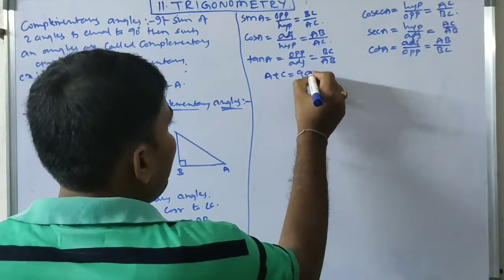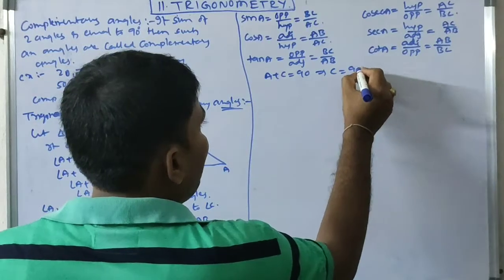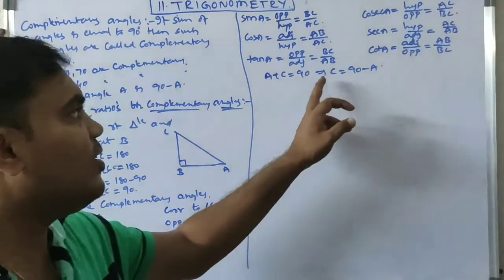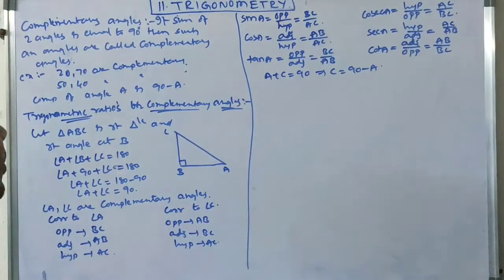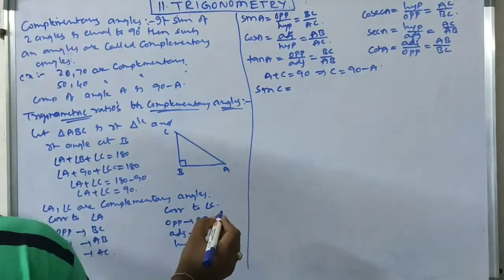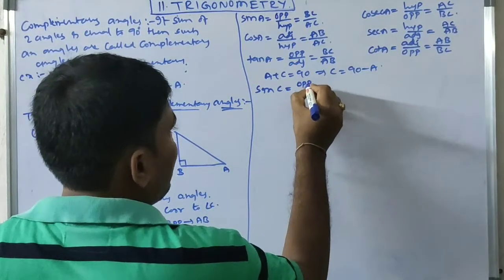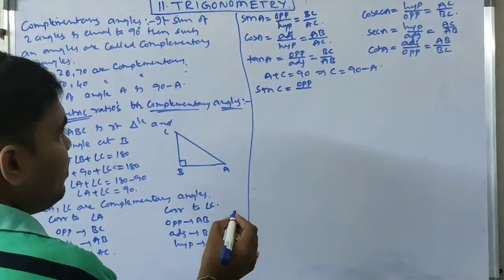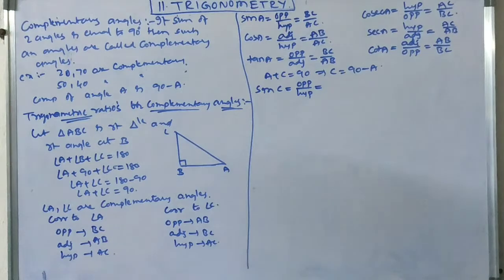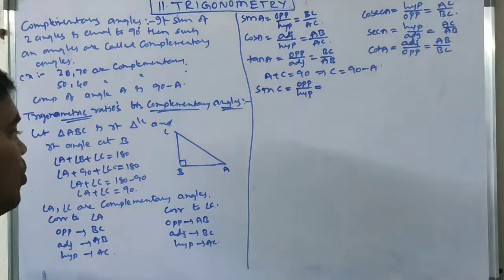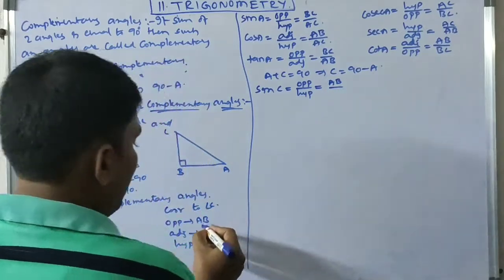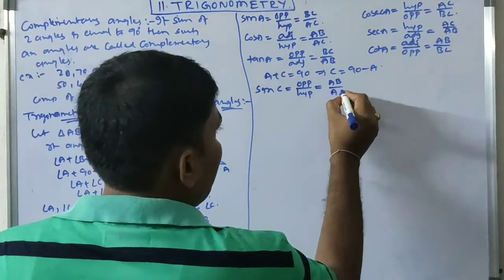Now A plus C equal to 90, which implies C equal to 90 minus A. So I am taking sin C. Sin C equal to opposite by hypotenuse, with opposite corresponding to angle C. Opposite equal to AB, hypotenuse is equal to AC.